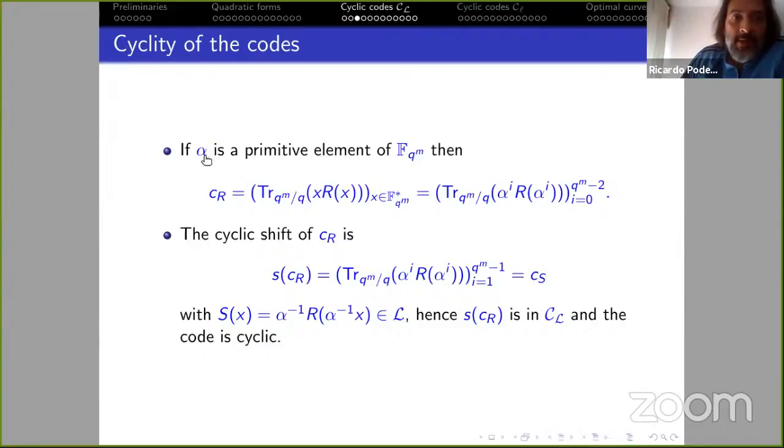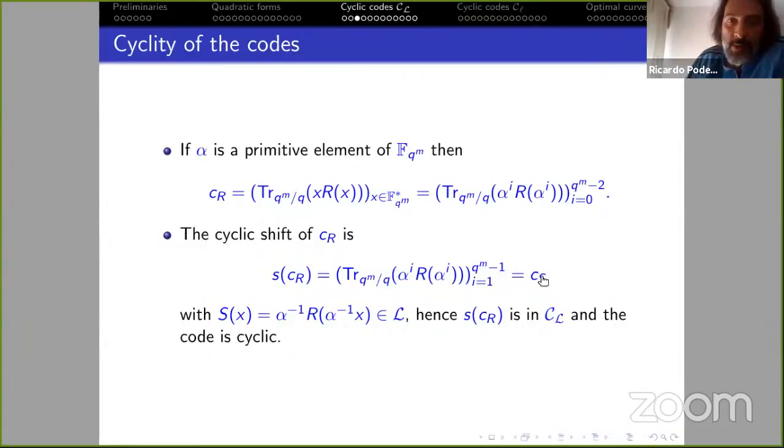For instance, if we fix alpha a primitive element of the field, then the codeword C_R, which is given by this, can be written in this way, using that every X is a power of alpha. Now, the cyclic shift of this codeword is just this. Here the index runs from 0 to Q to the m minus 2, and here from 1 to Q to the m minus 1.